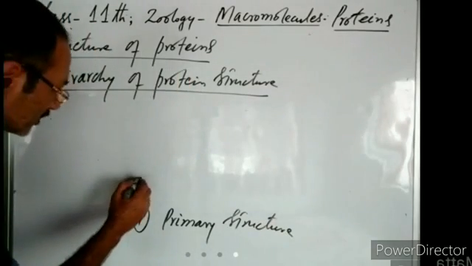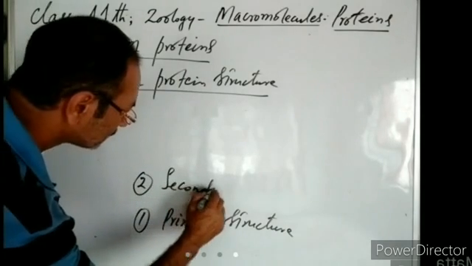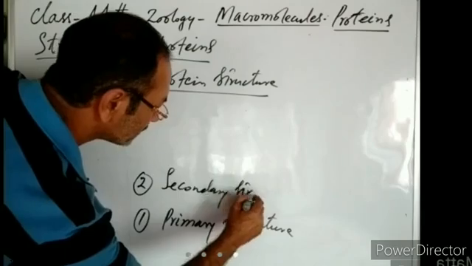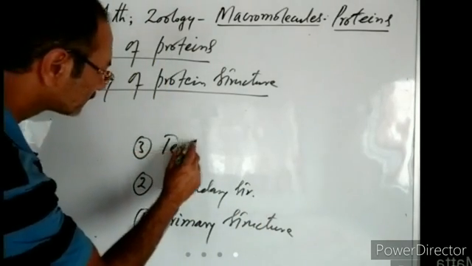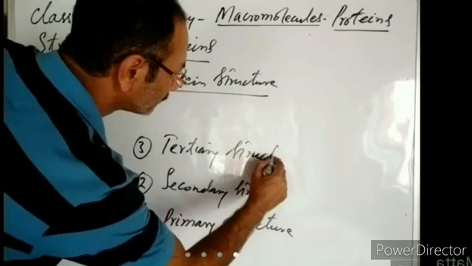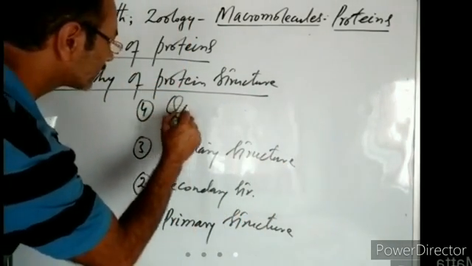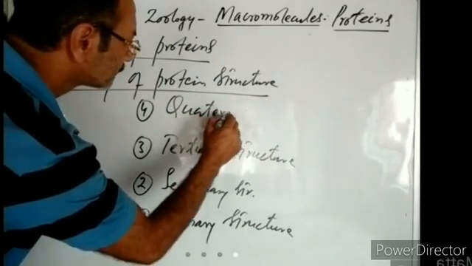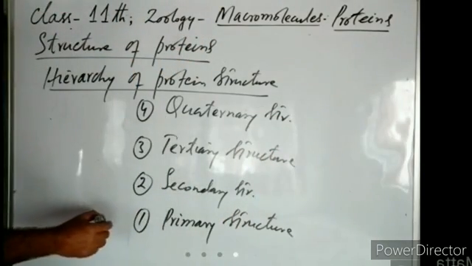Then after the primary structure, a protein may assume the secondary structure. Then the secondary structure is followed by the tertiary structure, and the tertiary structure is then followed by the quaternary structure.